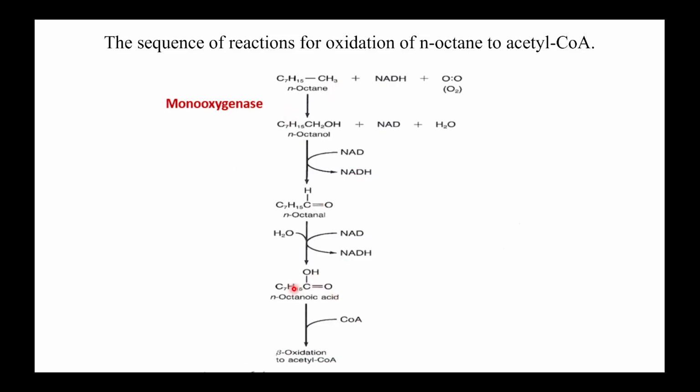And if from an alkane we get a carboxylic acid, it is a fatty acid, and then it undergoes fatty acid oxidation, that is beta oxidation, the fatty acid metabolism pathway. So N-octane is oxidized by the monooxygenase enzyme.